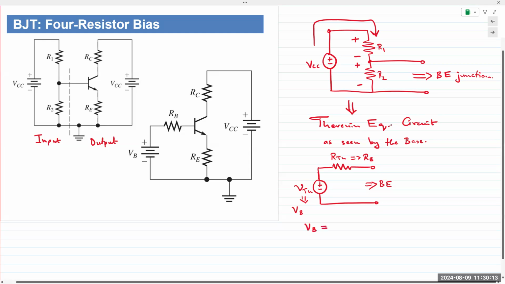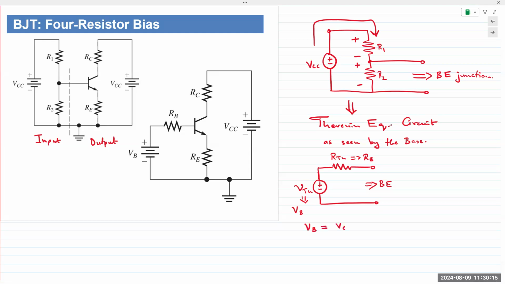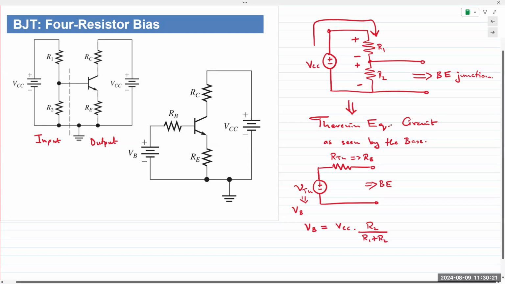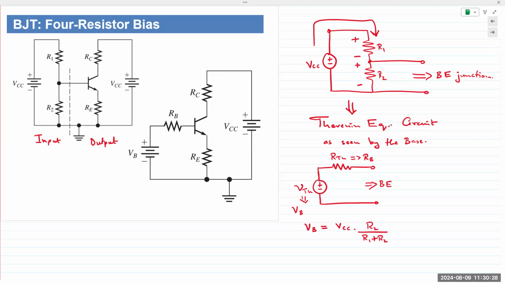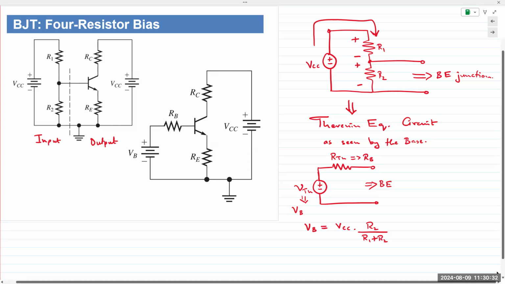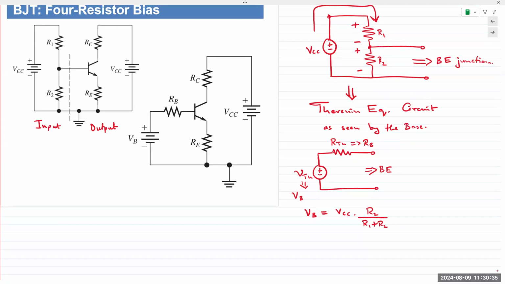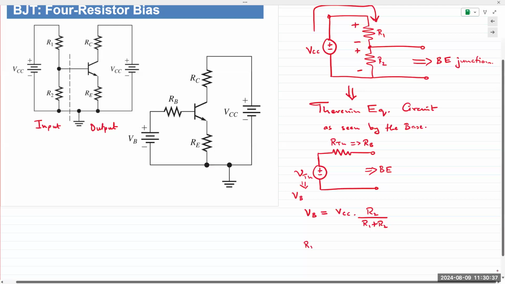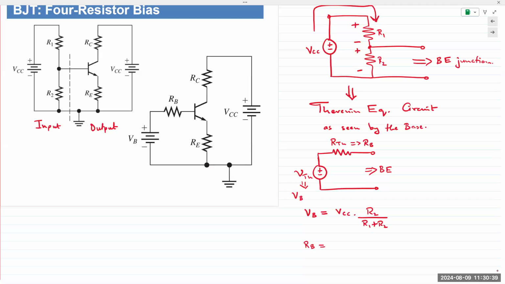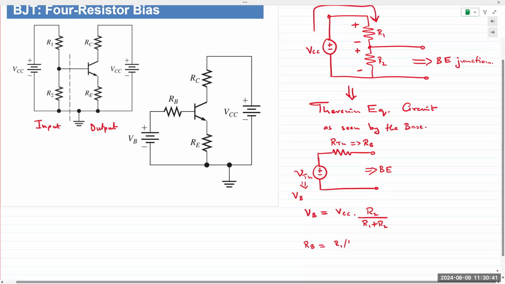And in this case, VB is simply given by voltage division. It'd be VCC times R2 over R1 plus R2. Okay, R2 over R1 plus R2. And then, of course, RTH or REQ, you would short out the power supply, and you would get R1 in parallel with R2 as seen by the base.